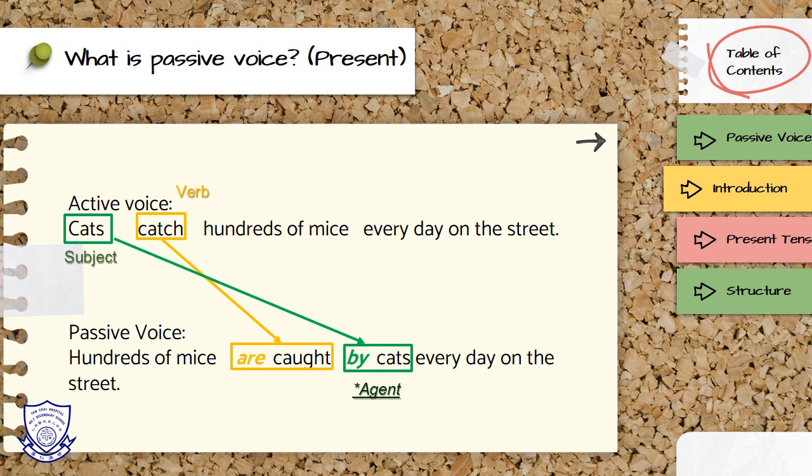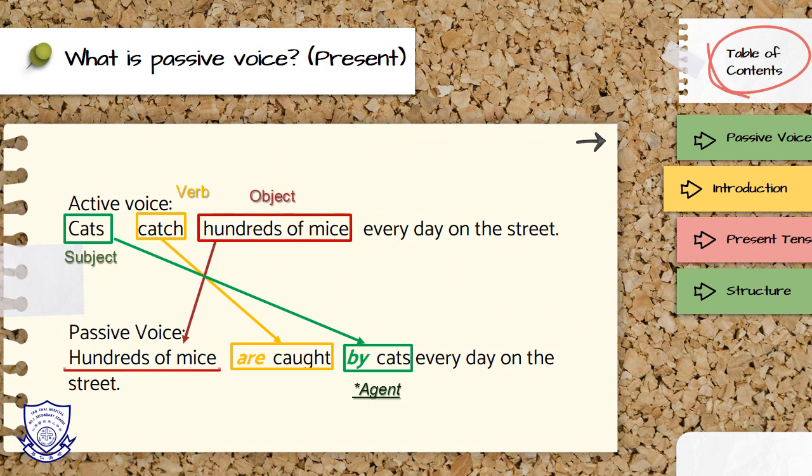You write catch as a past participle, and therefore you see caught, caught. Also, right before caught, there is the to be, and it should be are.